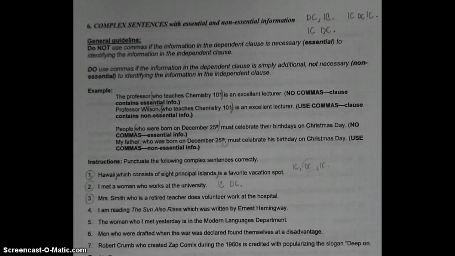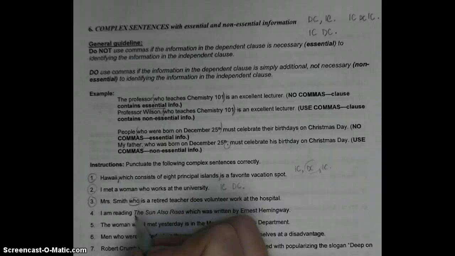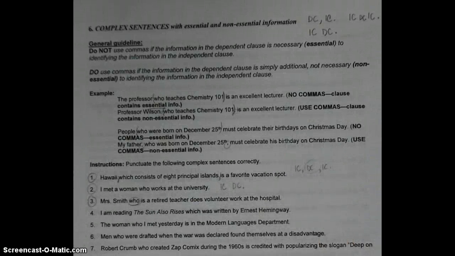Mrs. Smith, who is a retired teacher, does volunteer work at the hospital. I'm again going to look for my subordinate clause or relative pronoun so that I can know where my dependent clause is. Okay, here's my relative pronoun. Who is a retired teacher?